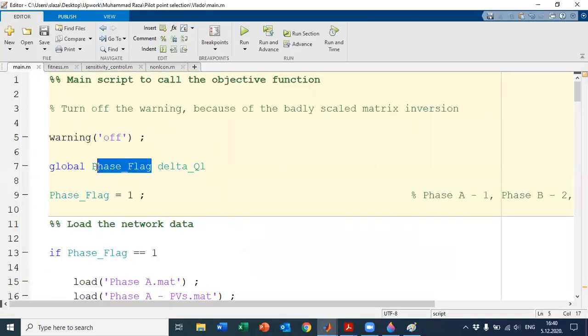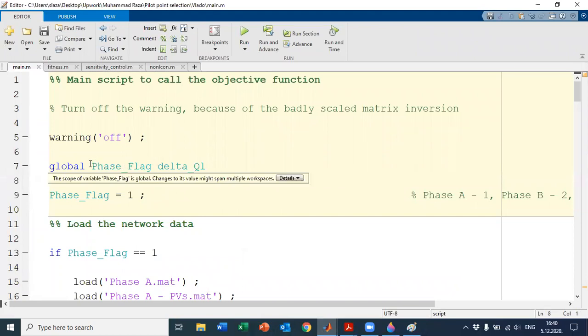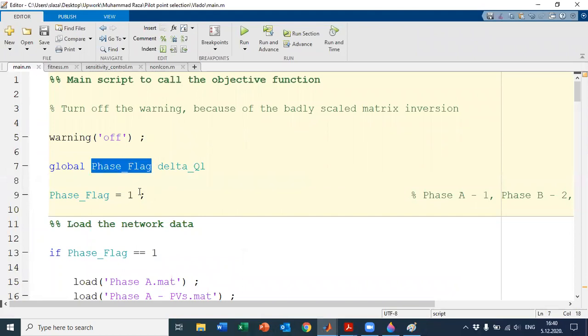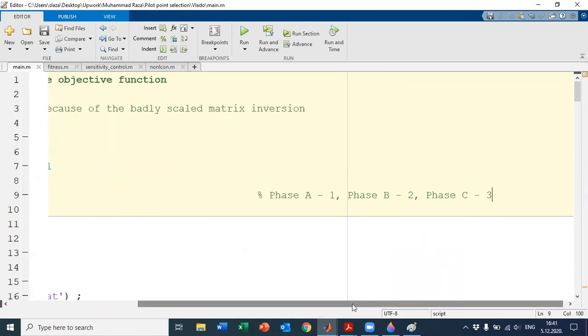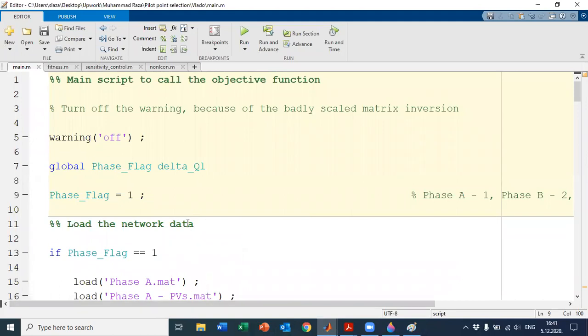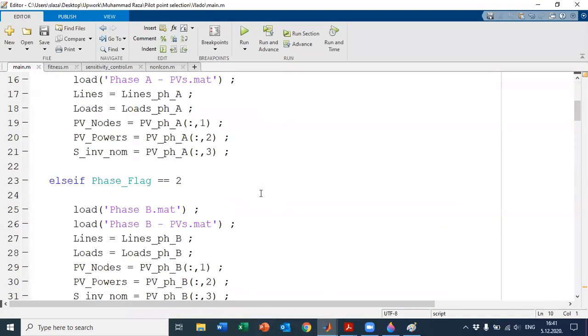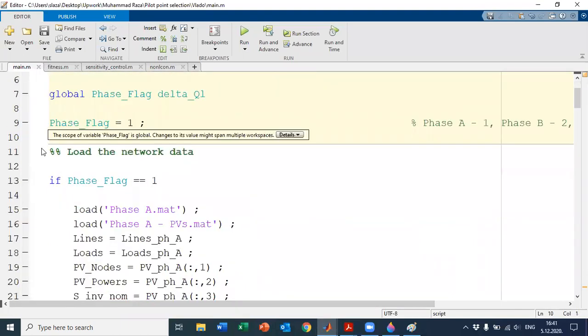Here you have a phase flag. The phase flag is basically just determining which phase you're going to simulate. So phase flag 1 equals phase A, 2 equals phase B, and 3 equals phase C. If you want to determine the pilot nodes for phase B, you just change it to 2 here, and everything else will be done in MATLAB. This is just loading the network data.